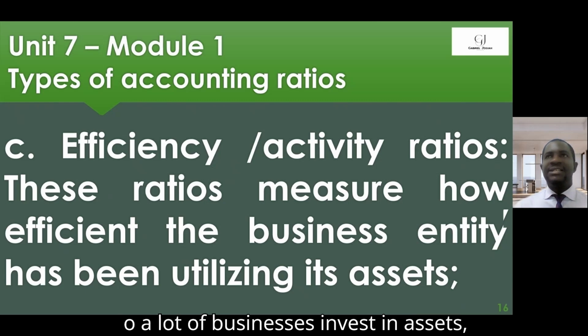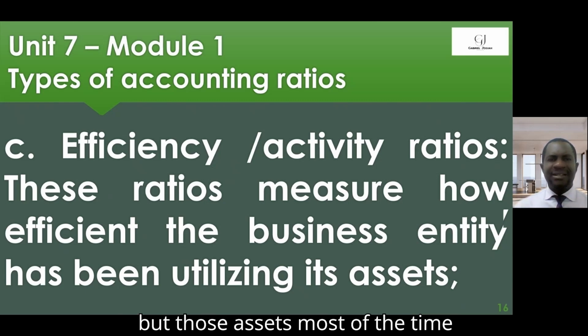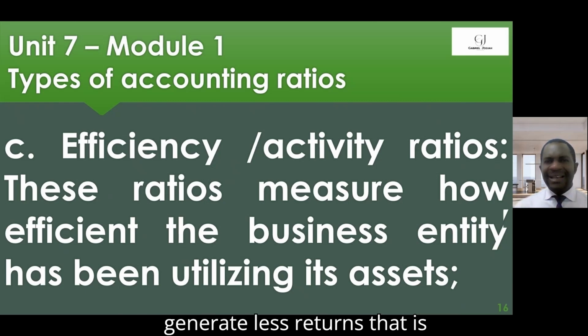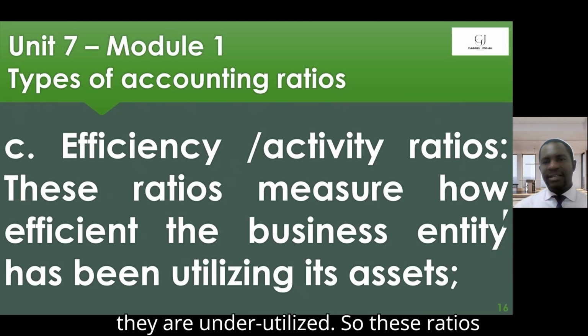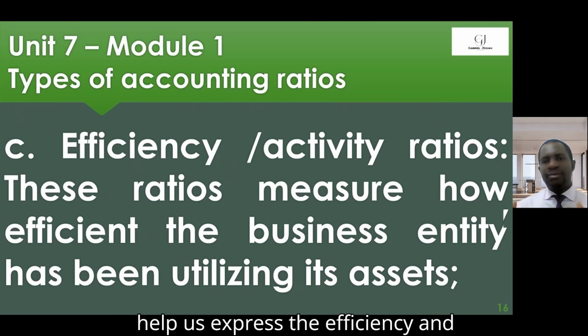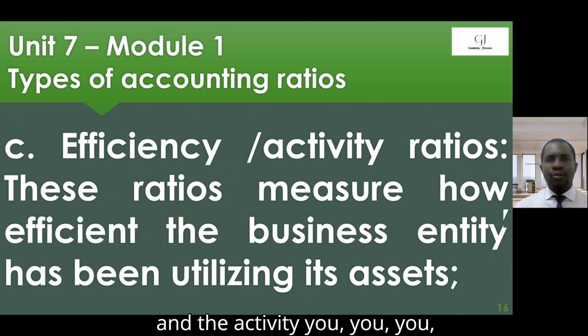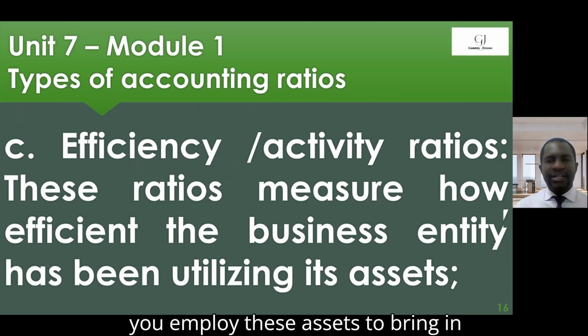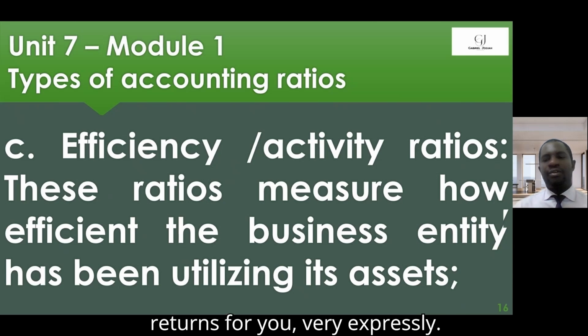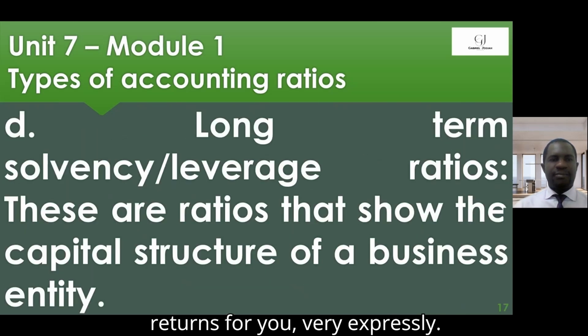A lot of businesses invest in assets, but those assets most of the time generate less returns, and they are underutilized. So these ratios help us express the efficiency and the activity you employ these assets to bring in returns for you. Very expressly.